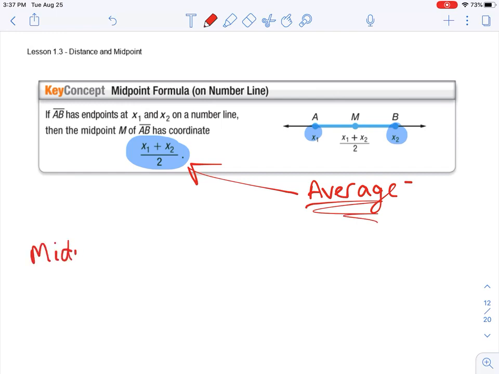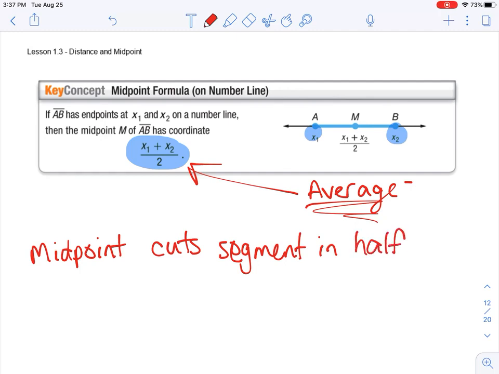Midpoint cuts our segment in half. So these two pieces, AM and MB, are congruent to each other. This is called a segment bisector. So when it's cut in half, that is a segment bisector.